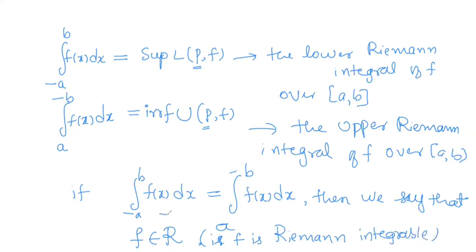So whenever the lower Riemann integral is equal to the upper Riemann integral, we say f is a Riemann integrable function. This is the definition of a Riemann integrable function.